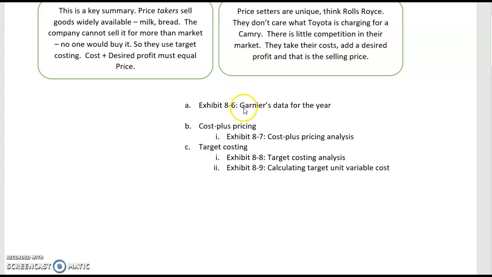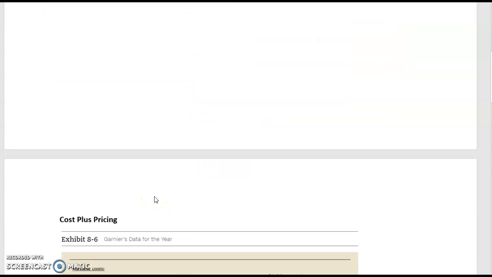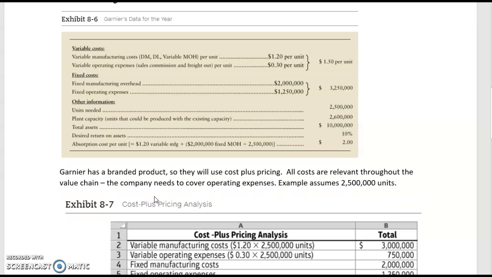So we're going to look at Garnier's data for the year, and then cost plus pricing and target costing. So here's their data, and it's not as bad as it looks. We've got variable manufacturing costs, normal product costs, of $1.20 per unit, and then we've also got variable operating expenses.